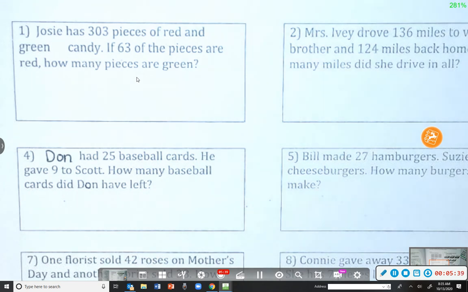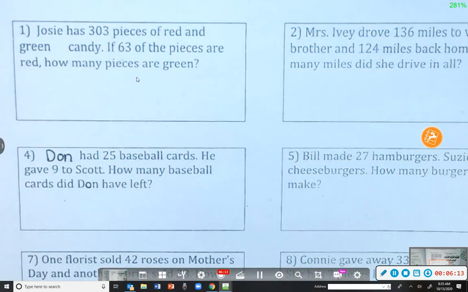Josie has 330 pencils of red and green candy. 63 of the pencils are red.